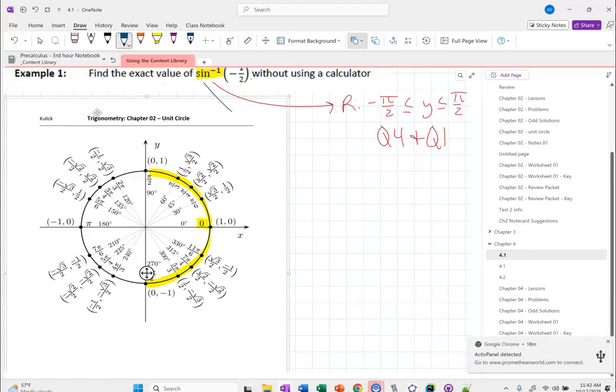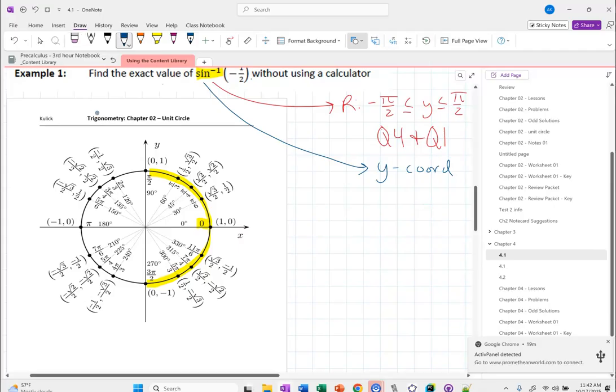because I'm dealing with a sine inverse on the unit circle, what is sine? Is it the x-coordinate, the y-coordinate, y over x, 1 over y, 1 over x? It's y. Remember that from before? So what I'm going to do is look for where the y-coordinate is equal to negative 1/2.